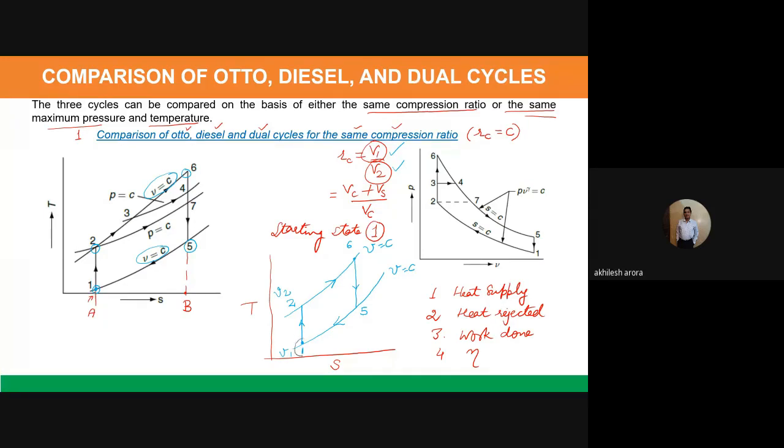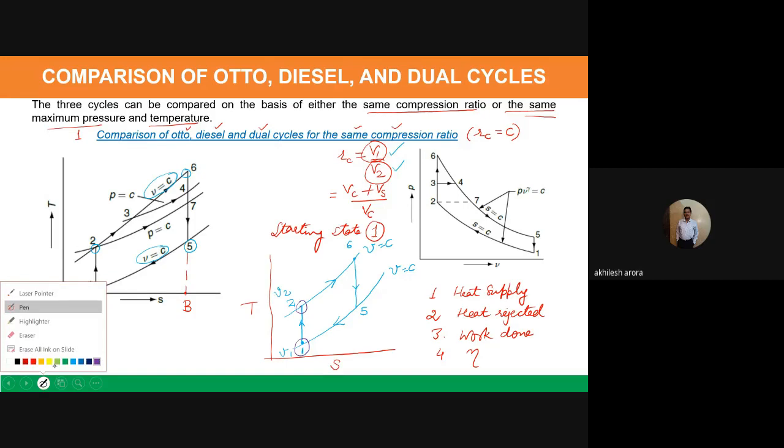Now the next process is the heat supply at constant pressure, and I have told you in case of constant pressure and constant volume, the constant pressure process has a lower slope on a TS diagram. We discussed about it when I was discussing the efficiency part of the cycles, when I derived the expressions for the efficiency. So now I will plot that process here from 2 to 7.